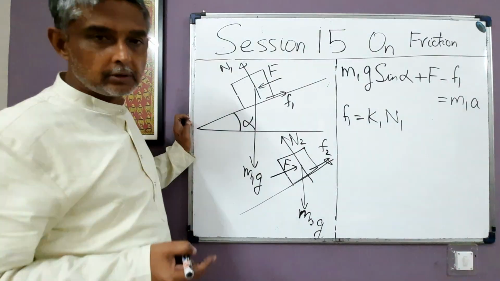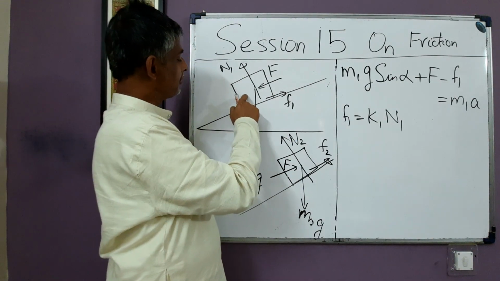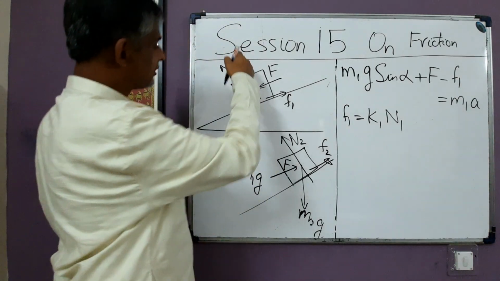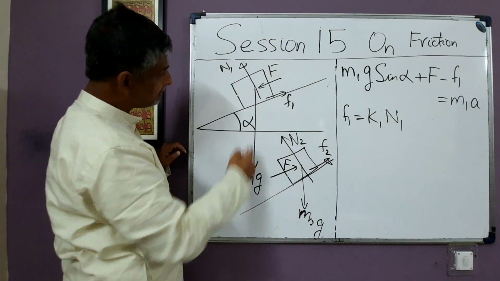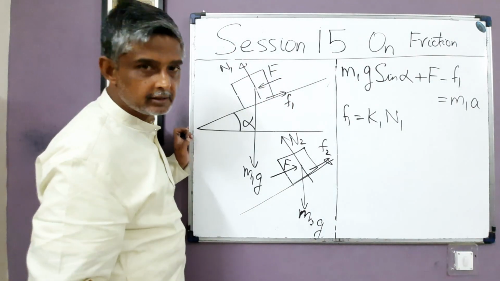Now how to find N1? To find N1, I apply Newton's second law to this block with respect to ground in this direction. In this direction the only forces are N1 and m1g cos alpha. The other forces do not have any component in this direction because they are at right angles.